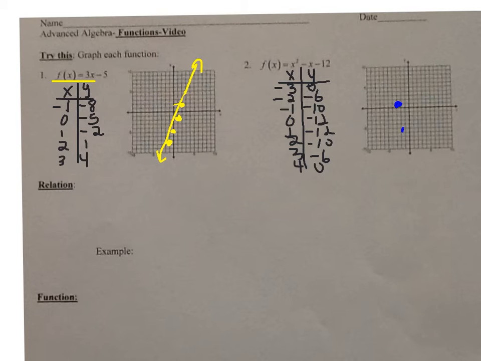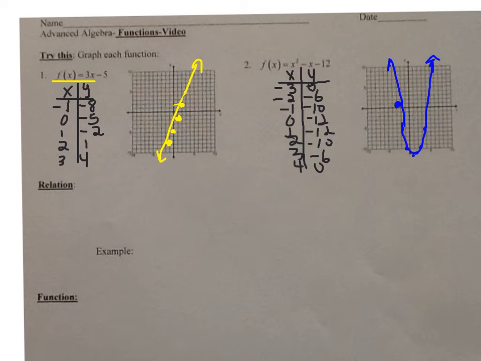Then we have -1, -10. 0 is negative, so it's coming down here. Okay, and then we have 1, -12; 2, -10; 3, -6; and 4, 0. Okay, so draw your parabola. All right, and make sure you put your arrows at the end.